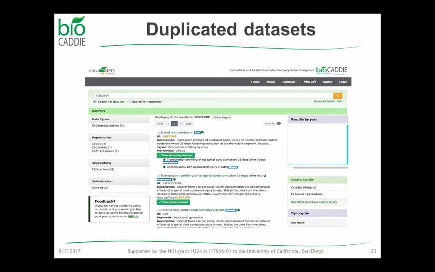You click this button and it expands. It lists the other 2 data sets as secondary data sets, which have a reference to the primary data set. And on the next one, it says over here View Primary Data Set, because this is a secondary data set. So you can link among those 3 data sets, which are actually the same. So this is the duplicate data sets.